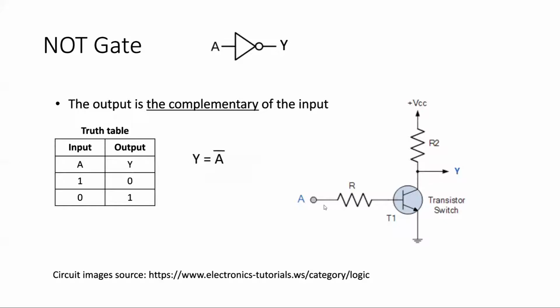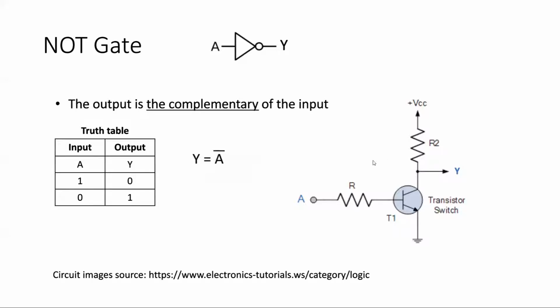So what happens is that when the base of a transistor is turned on, we will have a short circuit. And it doesn't let the electricity flow through here, so the output will be 0. But whenever the transistor is set to off, then the electricity will be able to flow through here to the ground, so the output will be 1. So the output, as you see, is the inverse of the input.